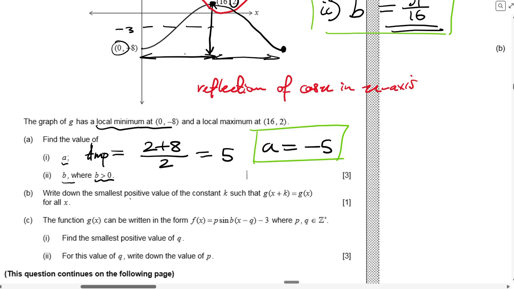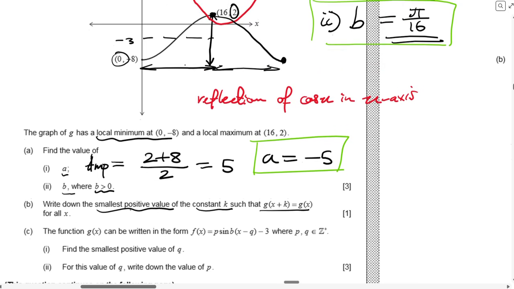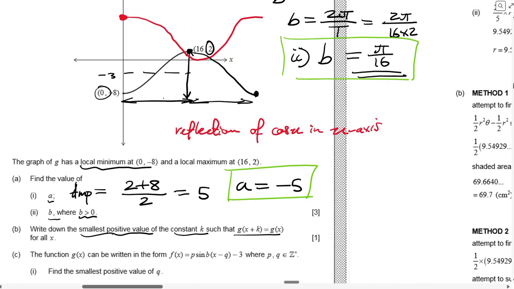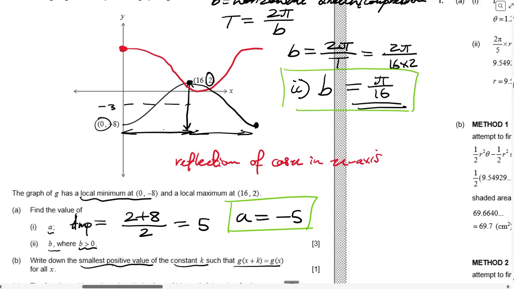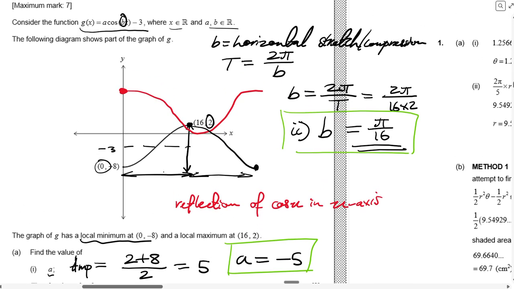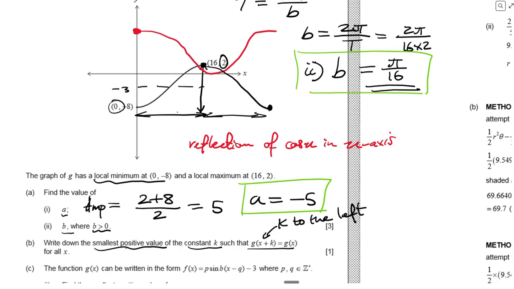And next is write down the smallest positive value of the constant k such that g of x plus k is equal to g of x for all x. Smallest positive value for constant k. So it's plus k, that means we have a horizontal shift of k to the left, right?